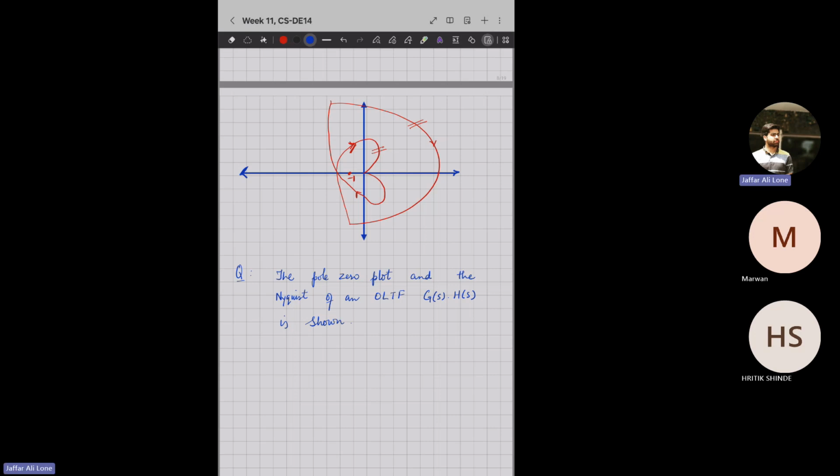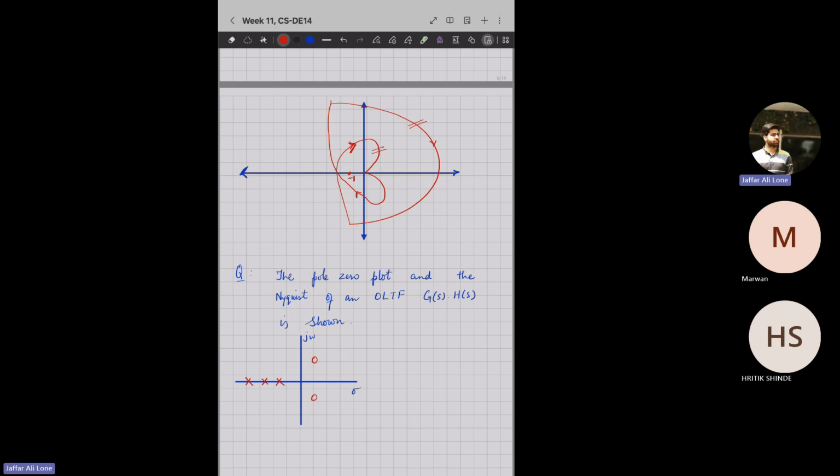Okay, so I'll draw both. So this is your sigma, this is your j omega, RHP, LHP, and your poles and your zeros are here.